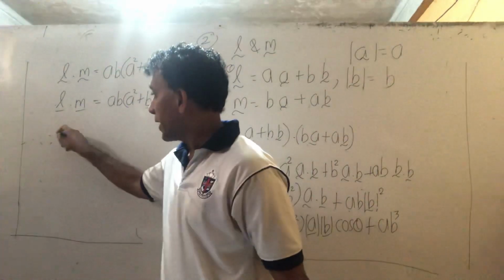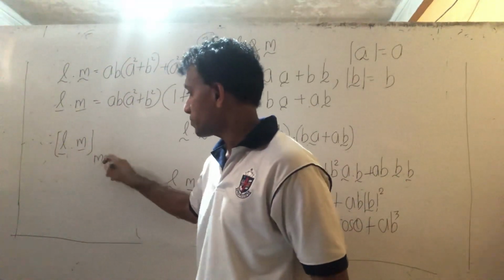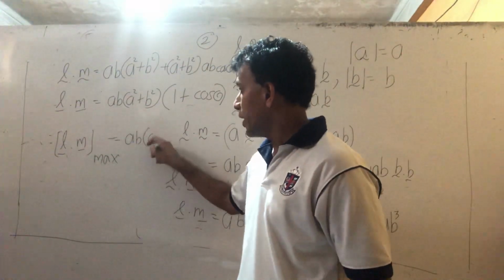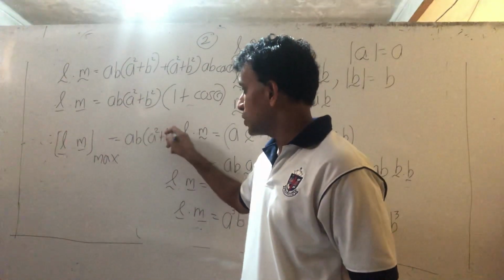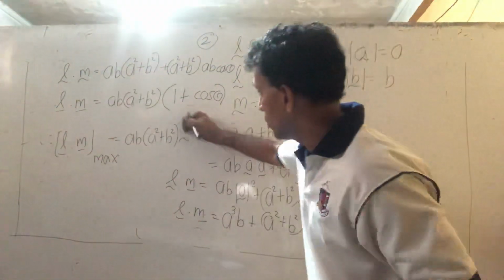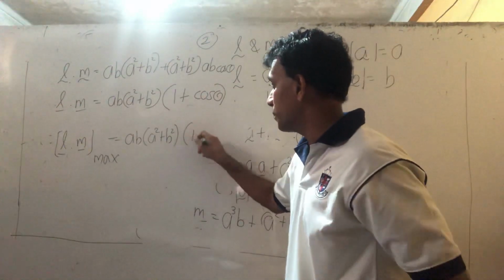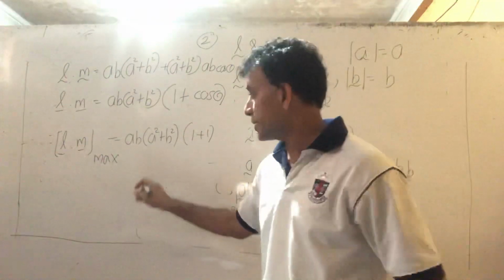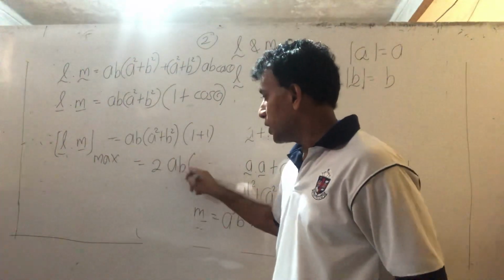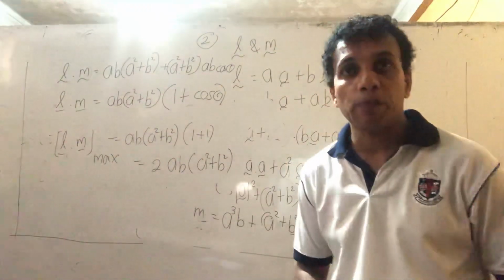Therefore, L dot M maximum equal to AB into A square plus B square, cos theta maximum 1. It happens when theta is 0. So here cos theta is 1, so 1 plus 1 is 2. Therefore 2 times AB into A square plus B square. This is the maximum value.